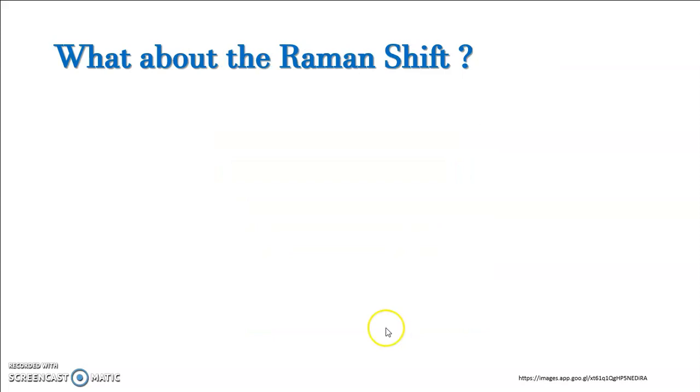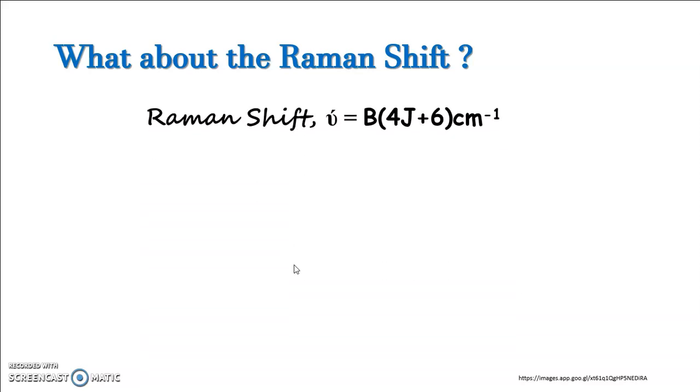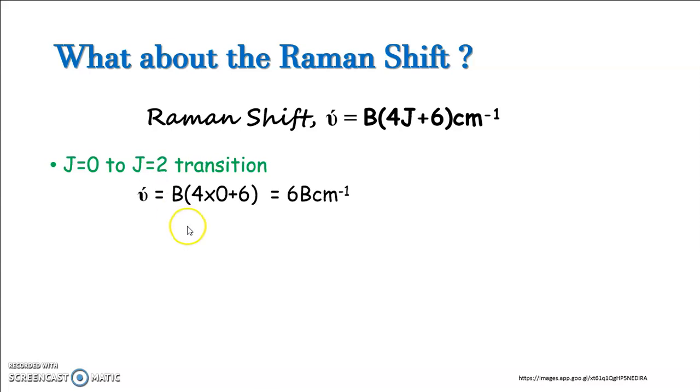Now we are dealing with the Raman shift. We have calculated the Raman shift, which is B into 4J plus 6 centimeter inverse. And for the transition from J equal to 0 to J equal to 2, what will be the Raman shift? We calculated in rotational spectra that the frequency of transition there is 2B into J plus 1, and we put the J value as the initial state.